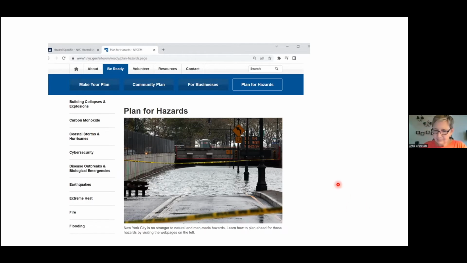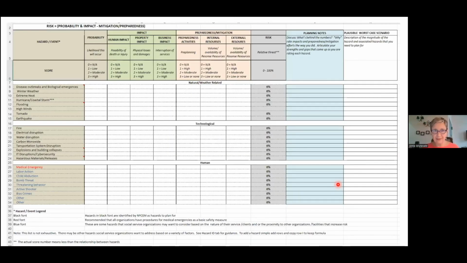So, all right, I hope that gave you a good sense of where you can go for hazard information and just general vulnerability of the city.